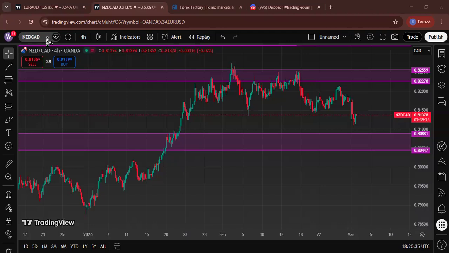But the major participants are not very focused on that as compared to the dollar pairs. So usually that time, Asian session, especially for Mondays, it's not even the best time to look at markets.